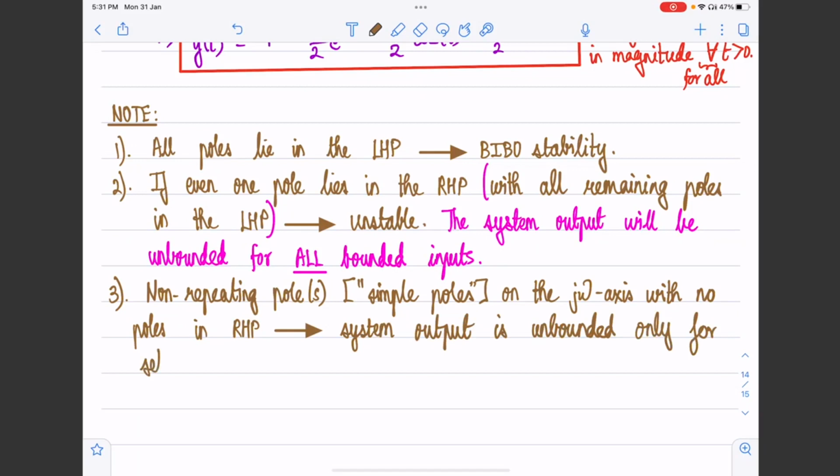Only for selected inputs, the system output will become unbounded.